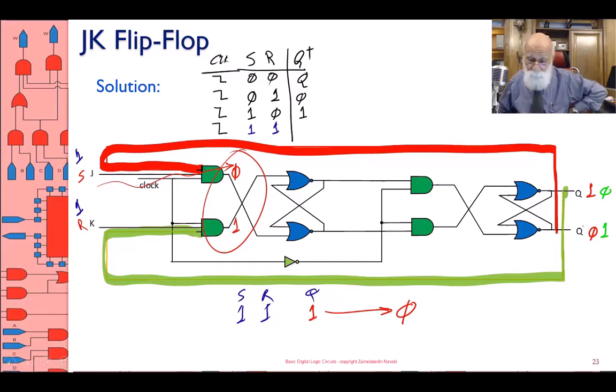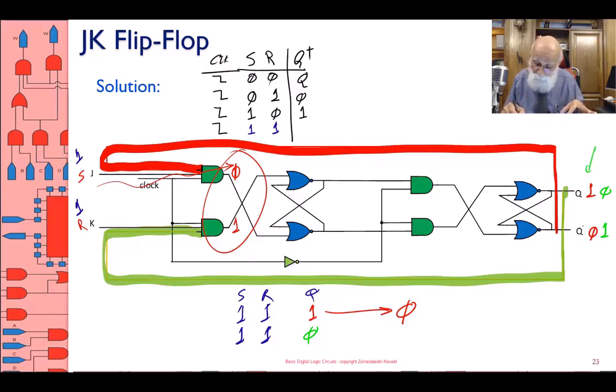What if it is 1, 1, and now let's say Q is 0. Let's go through the same process. 1, 1 on S and R, and Q is 0. Q bar is 1.